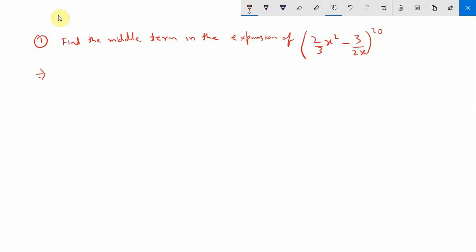See how we will find the middle term. First, we have to see n. Here n equals 20, which is even.